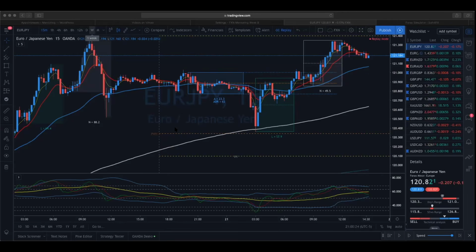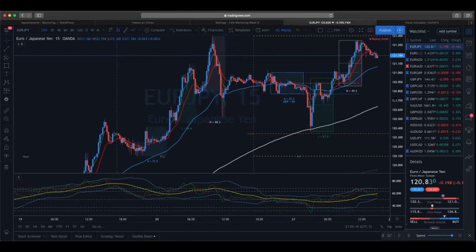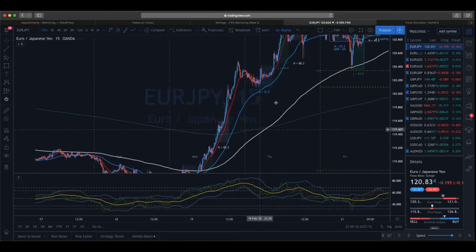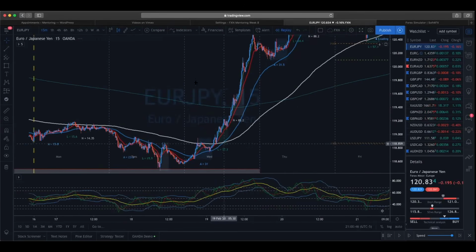If these EMAs are under you like this, then price is basically going up because it's in an uptrend on the higher time frames. But at some point, it's got to reverse. And so that's when you get essentially your trades like this.